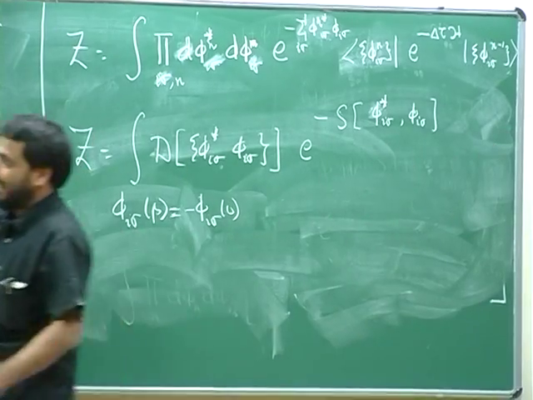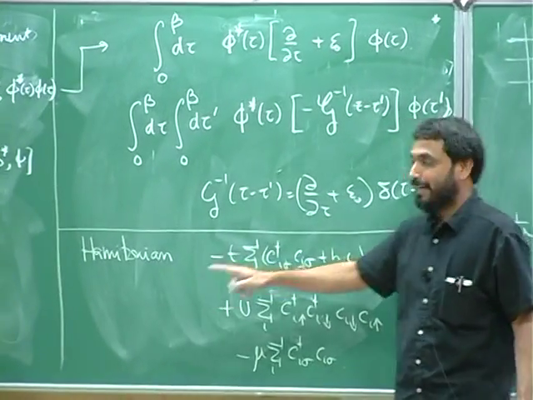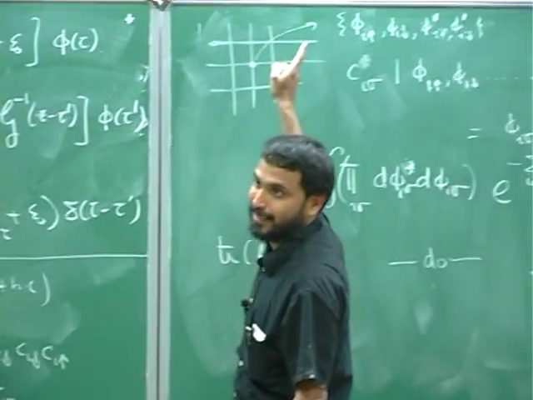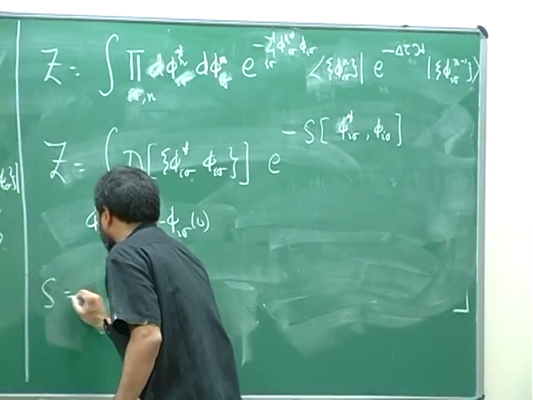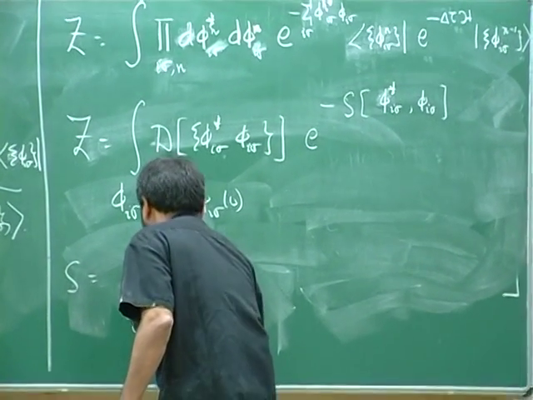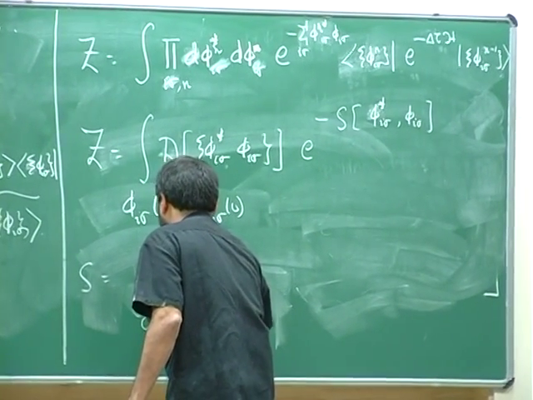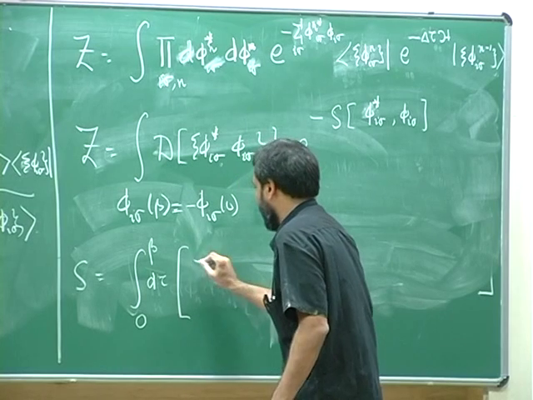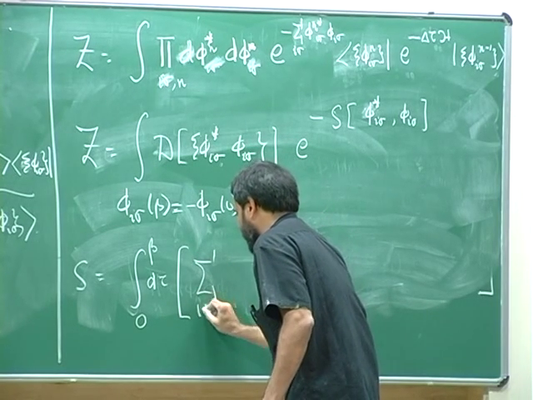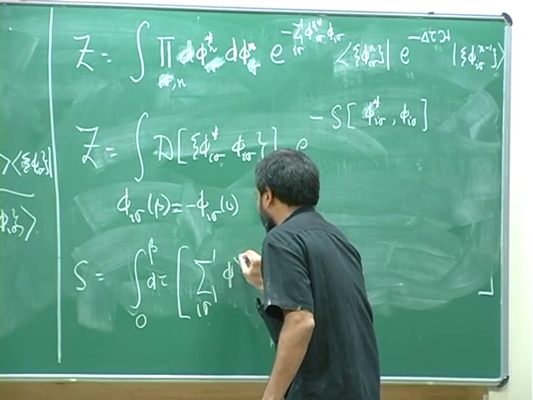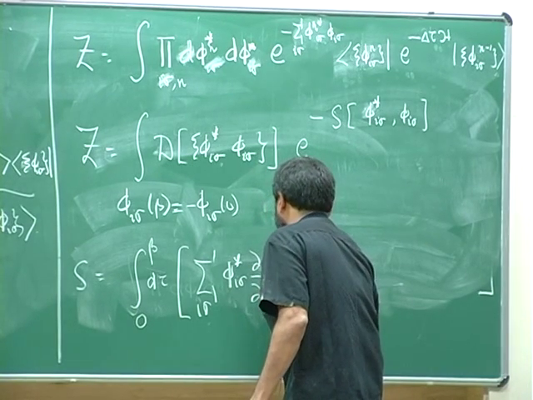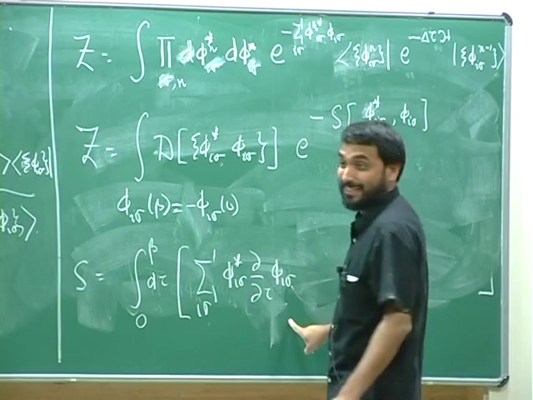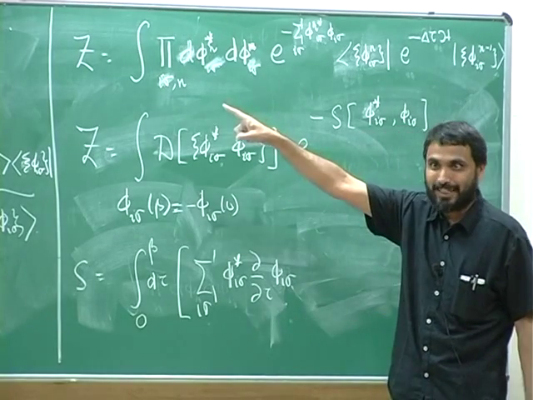Just take the Hamiltonian that you have and take all the set of Grassmann generators that you have. Just write it like this. So S will be equal to integral 0 to beta, d tau, that of course follows, sum over all the Grassmann generators. So what will you get? You will get this term. You will get this, just like what we got there.